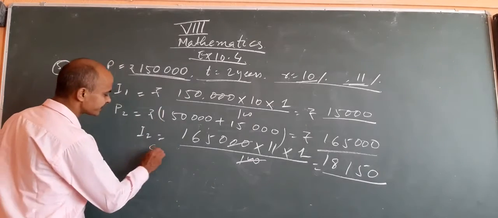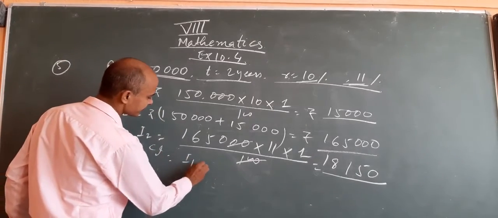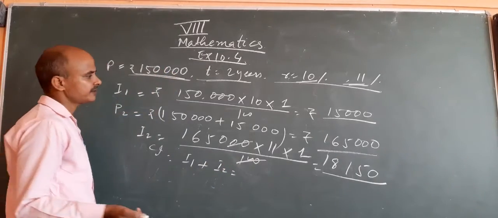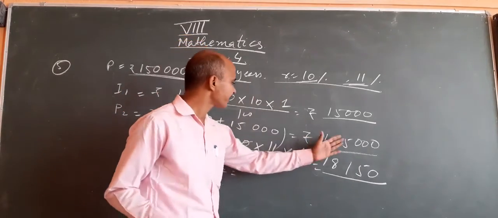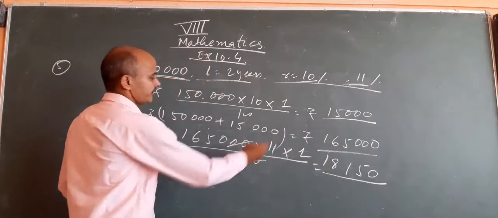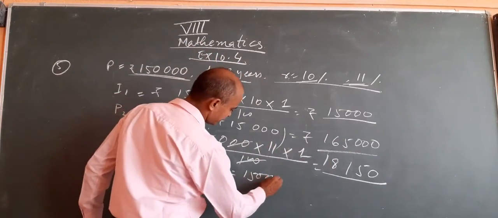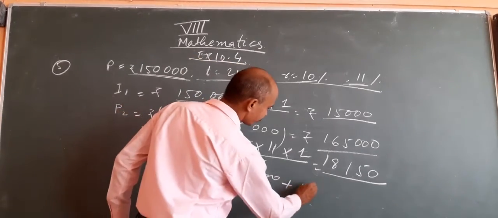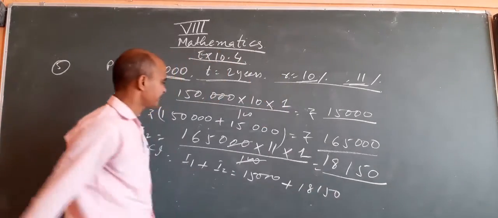Now the total compound interest over the period of 2 years. How to calculate? Interest for the first year plus interest for the second year. Add these two. 15,000 plus 18,150.